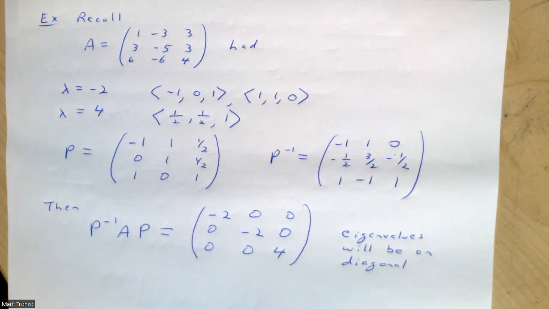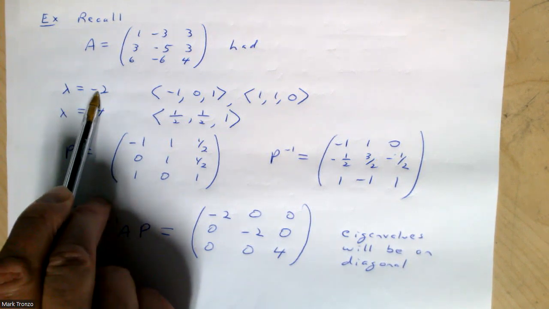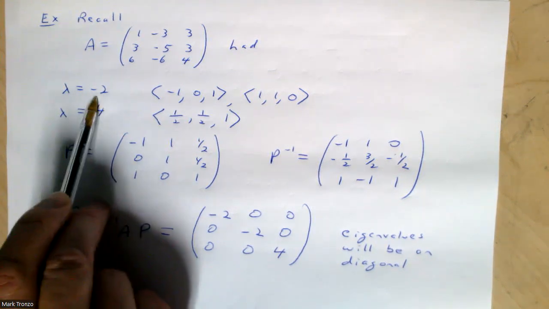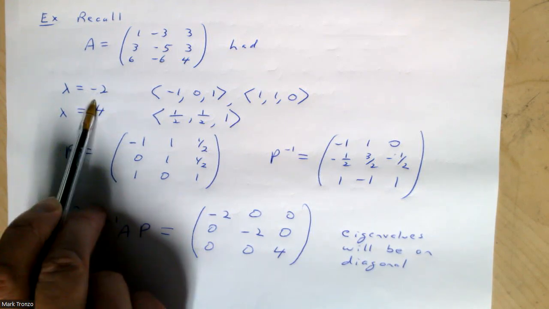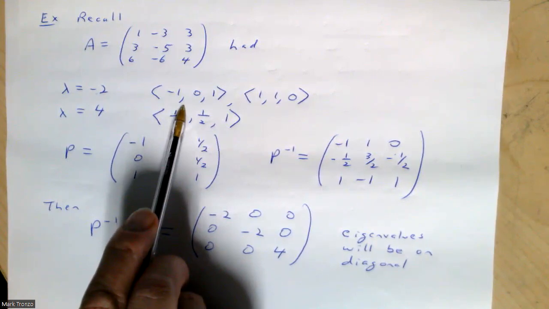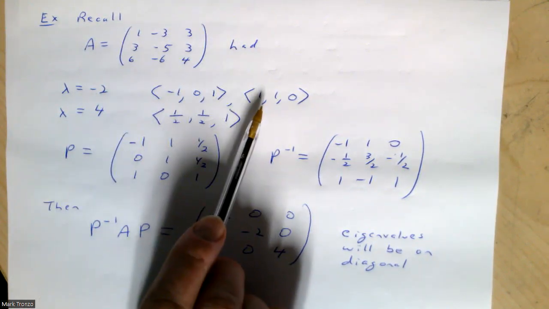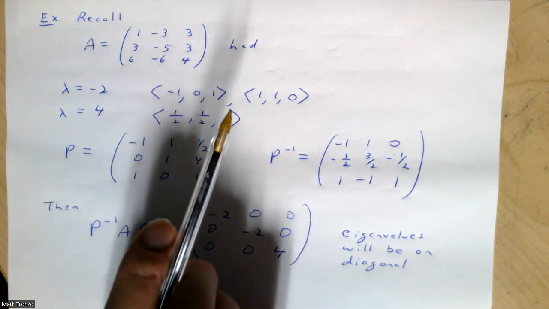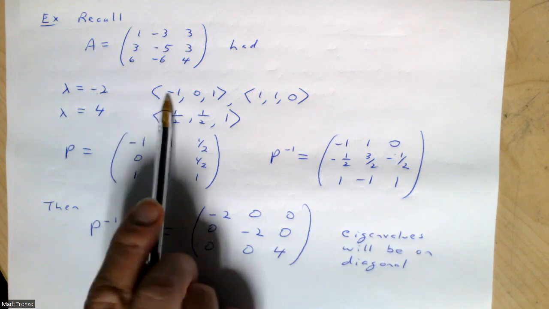The one thing that we talked about before: when we originally calculated the eigenvalues, we got minus 2 and minus 2, so we had two of them. Whenever you have two eigenvalues the same, you could possibly have two eigenvectors, or you may just have one. You're always going to have one no matter what, but if you have repeats, you could have two.